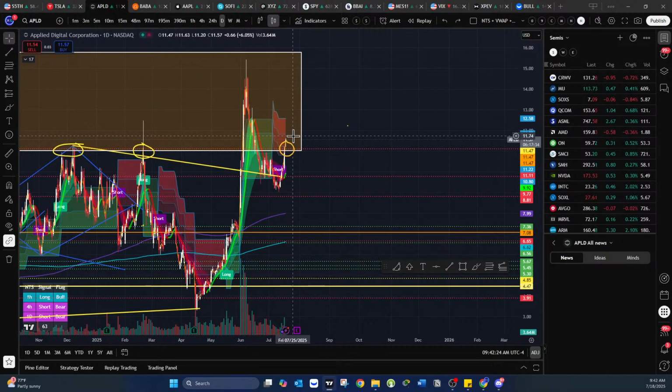Yeah, 15 is that psych level that you want to make sure of. Oh my God. Look at the setup on JD. This is why I took it yesterday. It looked primed for a big move here. Textbook. Just beautiful.